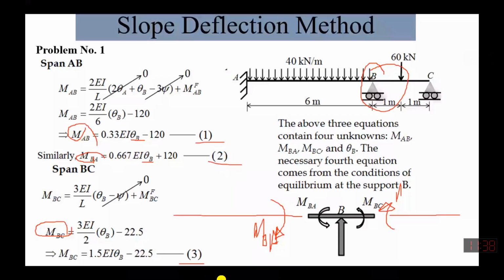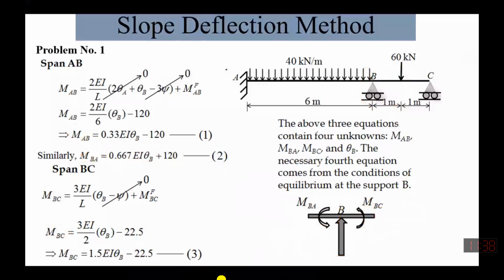Both of these are counterclockwise. This is the moment at the span, and once they transfer to the joint, they transfer with the opposite sign convention to keep it in equilibrium. Once we say that this joint is in equilibrium, the total sum of the moments at this joint should be equal to 0. It means the sum of moments at B is equal to 0.